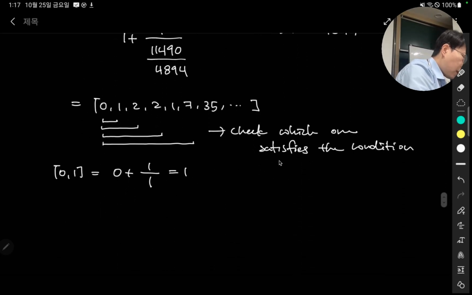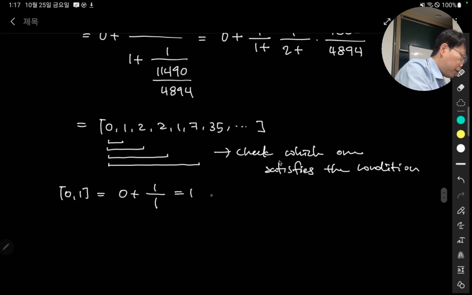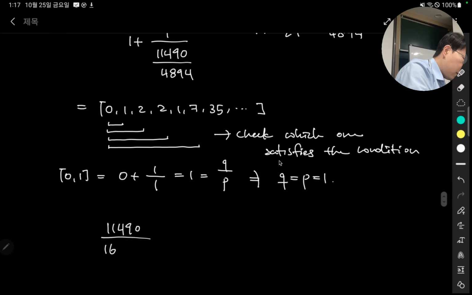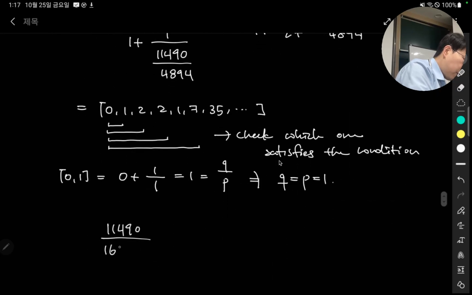Now, if I take this as my p over q, then q and p are just 1. So then I get 11490 over 16384 minus 1. How much is it?